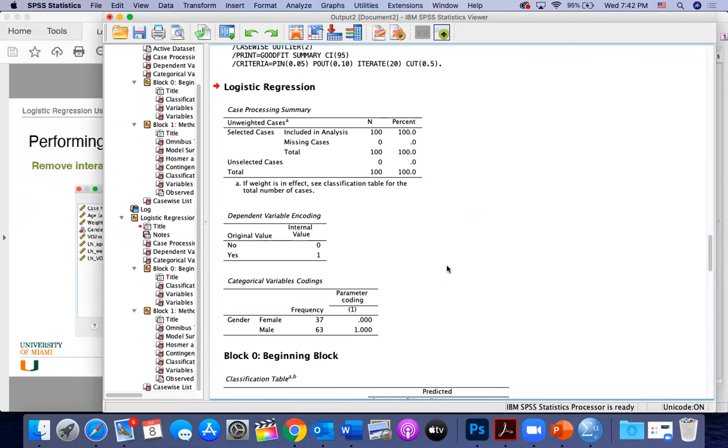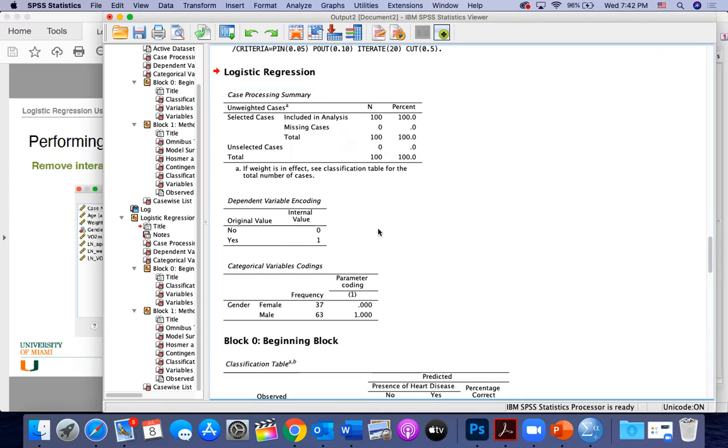The first part tells you about the cases that were included and excluded from the analysis and the coding of the dependent variable. In the first table, you can see how many cases were included in the analysis: we have 100 here, no missing cases, and no unselected cases. We can also look at the coding of the dependent variable. No was coded as 0, and yes was coded as 1. I mean, yes, having heart disease, and no, not having heart disease.